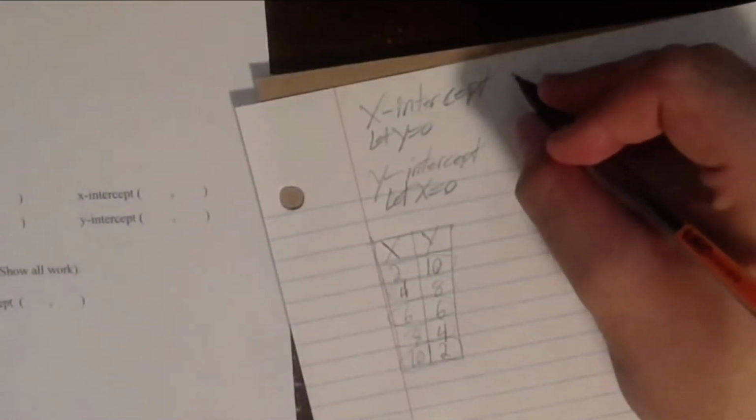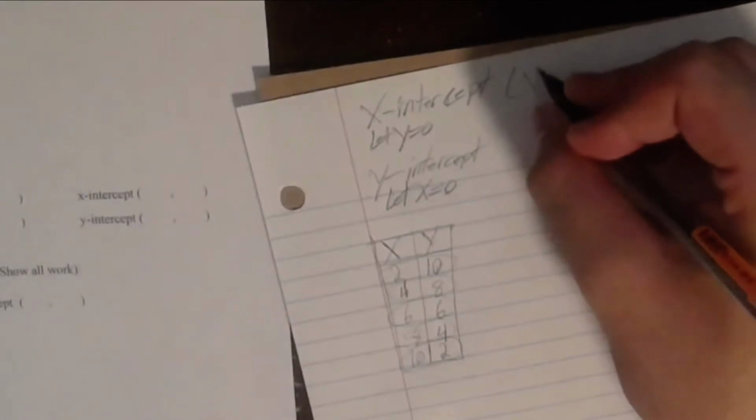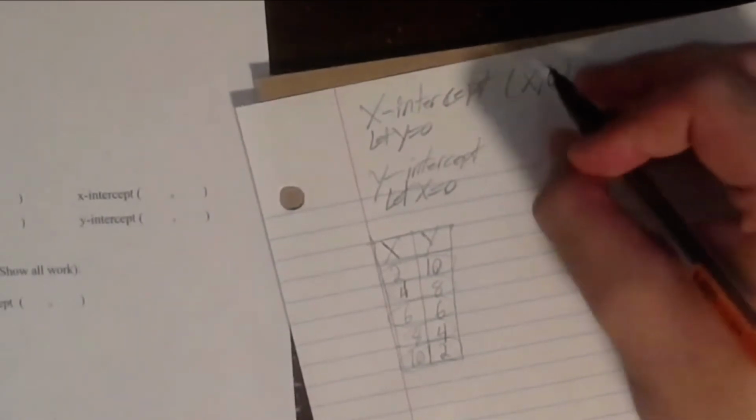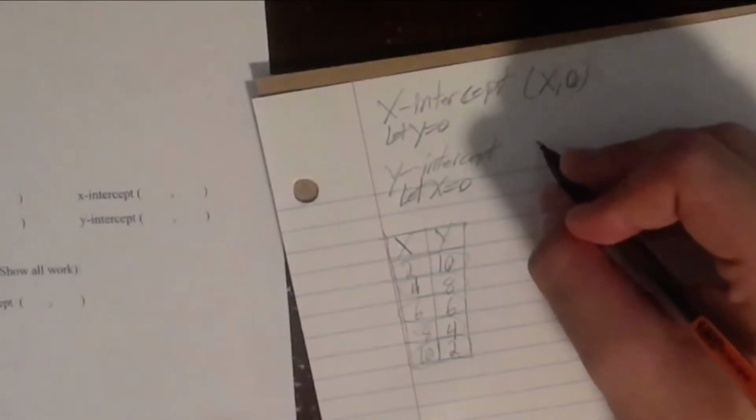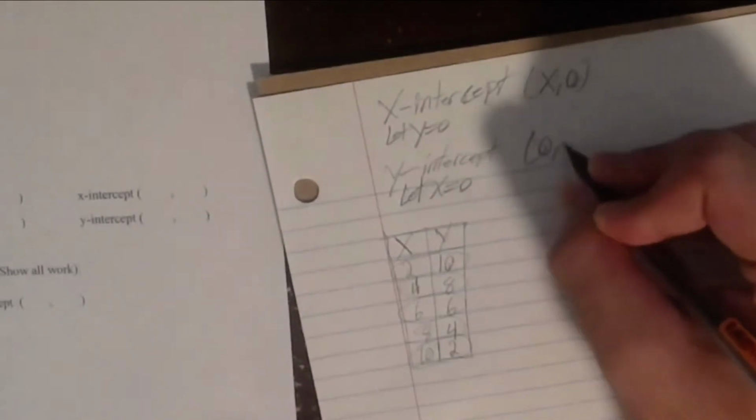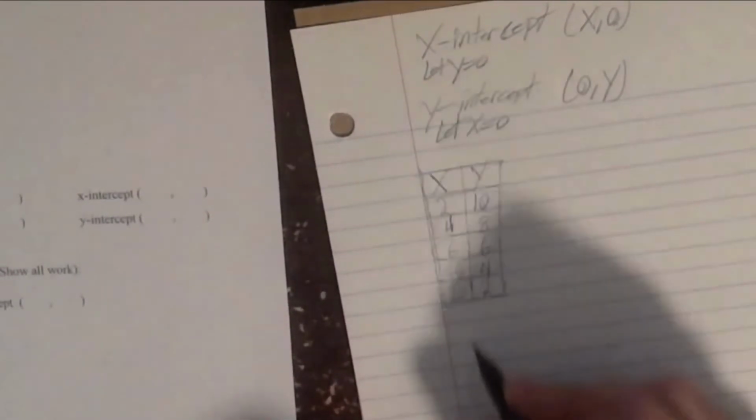Now, remember how I wrote down the x-intercept? We have to find the point x comma 0 when we want to find the x-intercept. For the y-intercept, we have to find when it looks like this, 0 comma y.